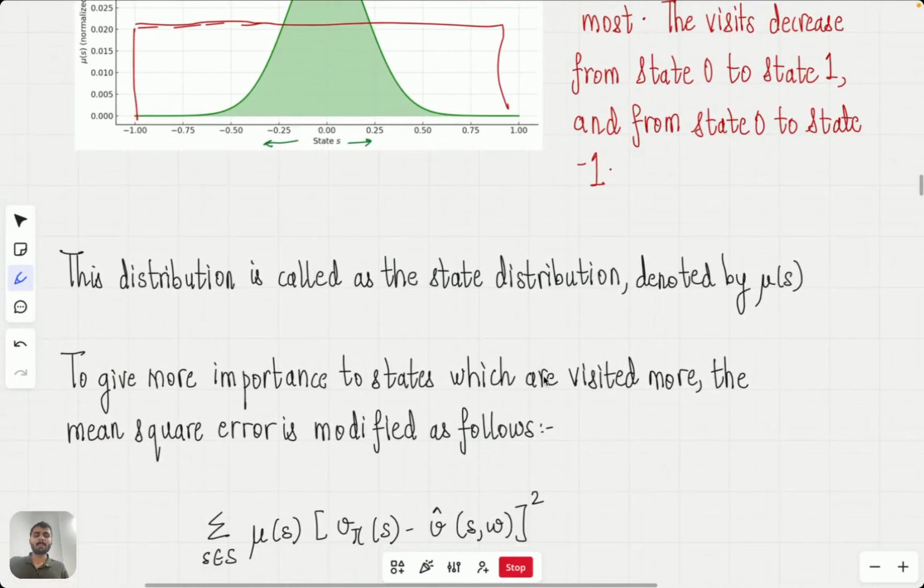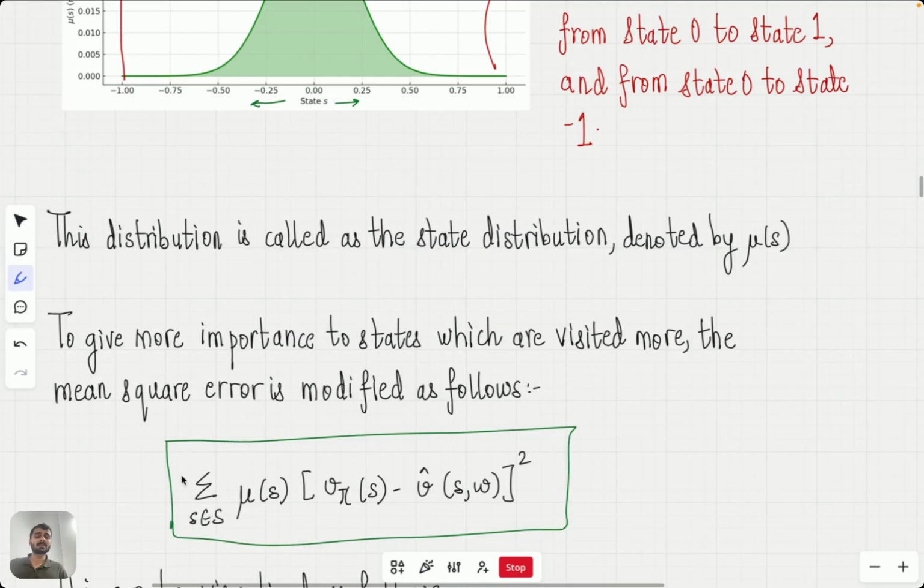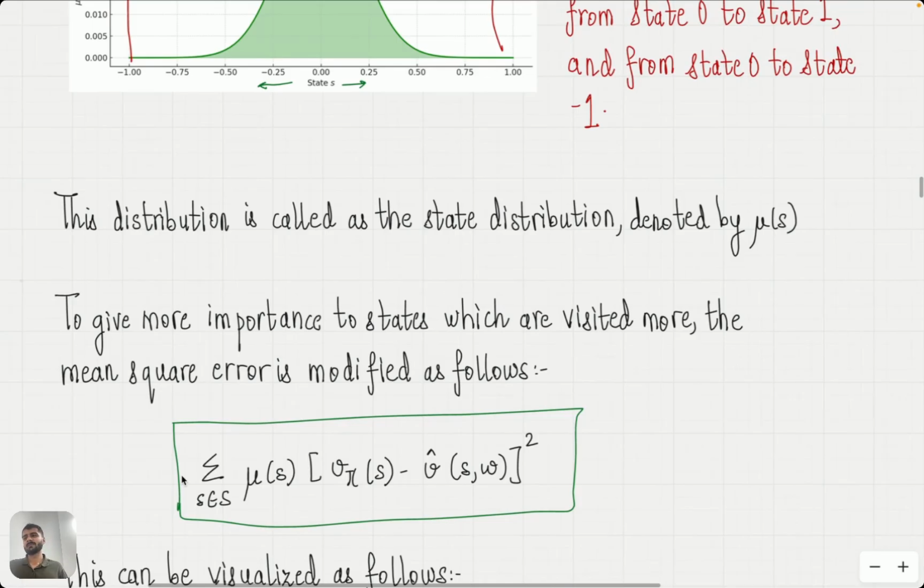And that's why, to give more importance to states which are visited more, the objective function is modified as this. Now we want to minimize this error. This is the crucial difference from traditional machine learning algorithms where you might have seen the mean square error, but in reinforcement learning we have to multiply by a quantity called mu of s, which is called the state distribution.